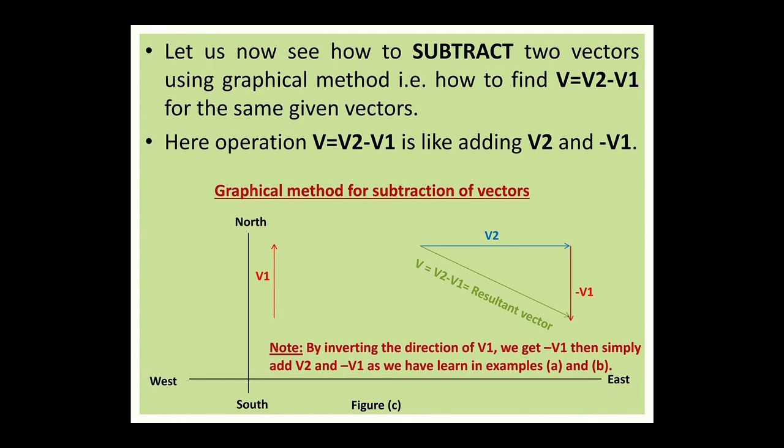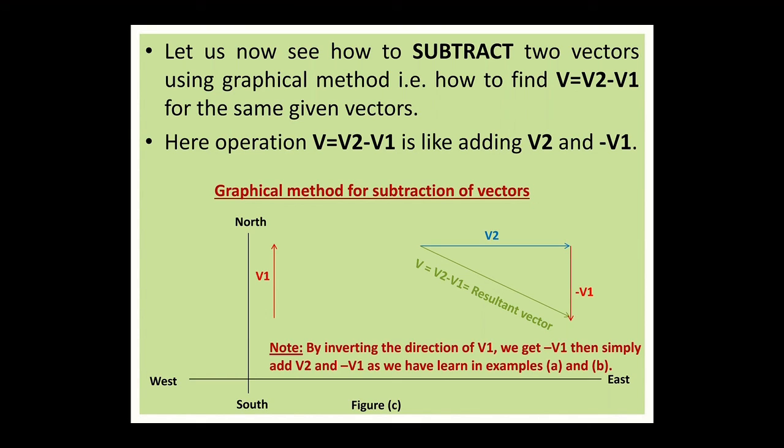We already have V2, but we don't have minus V1. So how can you get minus V1? By inverting the direction of V1 you can get minus V1. Then simply add V2 and minus V1, as we have learned in examples A and B. In my previous video I discussed how you can invert a vector.